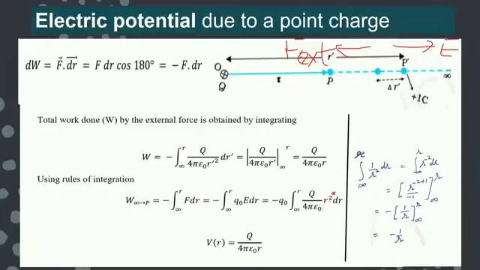So whatever result we get from here is equal to the potential, which is equal to Q upon 4 pi epsilon naught R. Here R is the distance of this position where I want to find the potential. So this is the potential at a given distance R from the source charge.